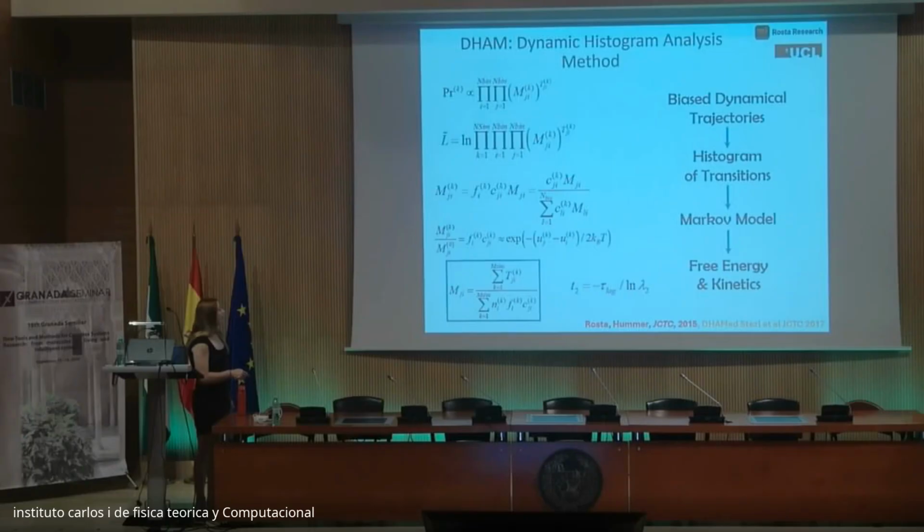And so the bias is any kind of potential I add to the system. Normally, if I would have a probability distribution and I would bias my Hamiltonian with a given bias, then the corresponding stationary probability is multiplied by an e to the minus U over kT factor, right? So that would be like a Boltzmann factor. But if we think about a transition probability, then interestingly, it will be biased with this square root relationship of the ratio of the two Boltzmann factors.